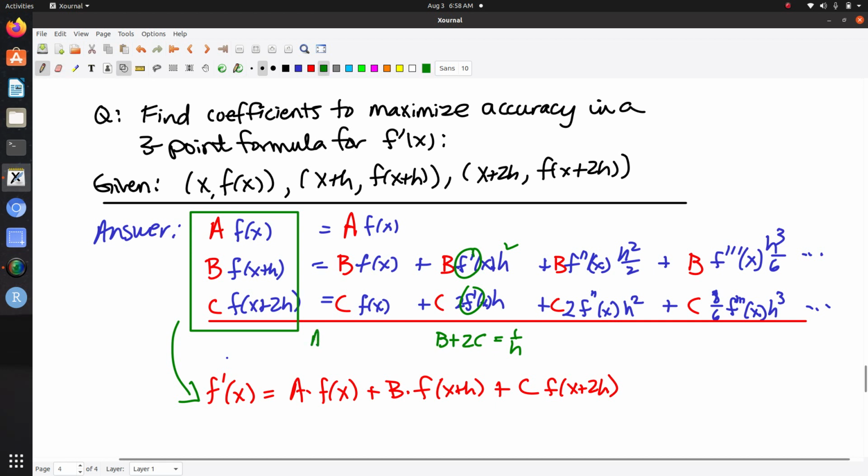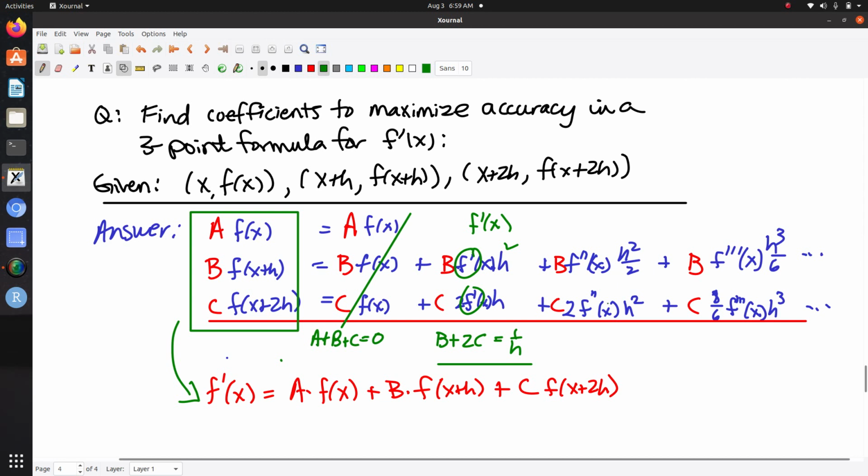But that means a plus b plus c has to equal 0, because we want these terms to all disappear. We want the leftovers to just be f prime of x. And because we're trying to approximate f prime, there's going to be an h somewhere in this expression. There's not going to be an h anywhere else, because nobody else cares what h is.